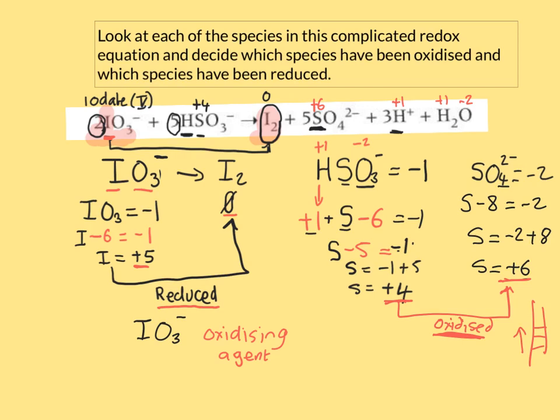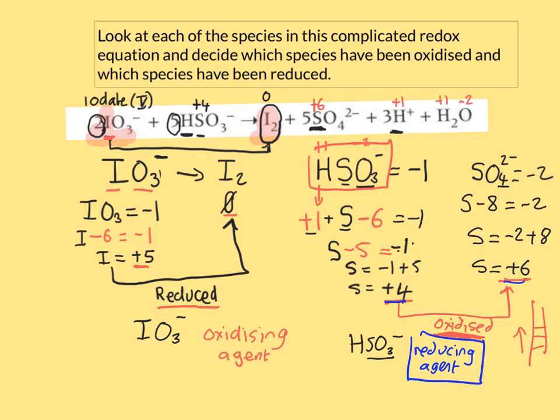We can see that the sulfur in the HSO3 minus ion is the reducing agent, because it has given up its electrons, it's donated its electrons, it's pushed its electrons onto the iodate, and it itself has gone up the ladder from +4 to +6. So the HSO3 minus is the reducing agent.